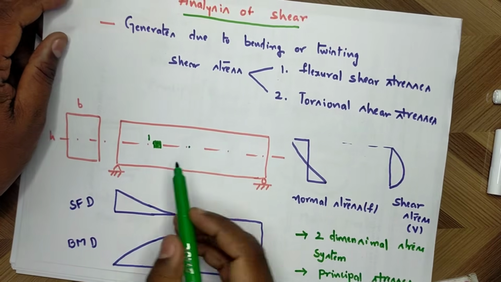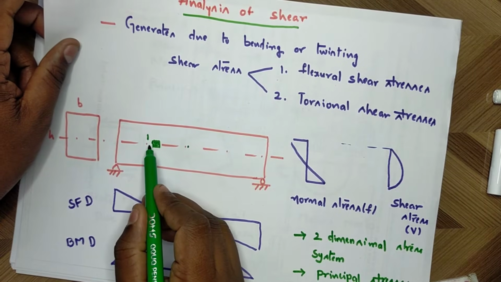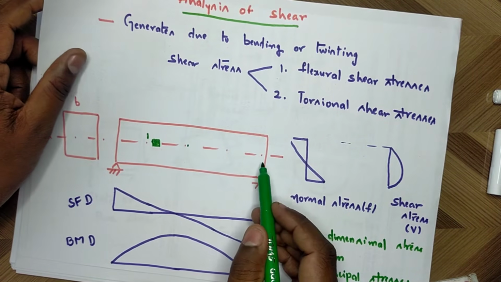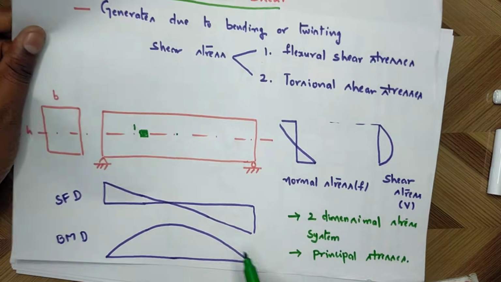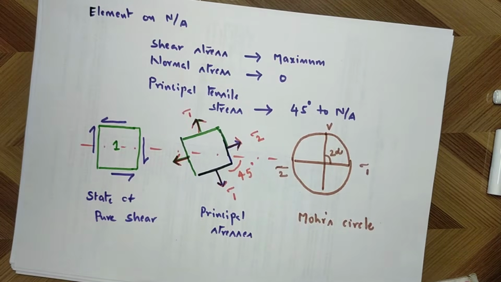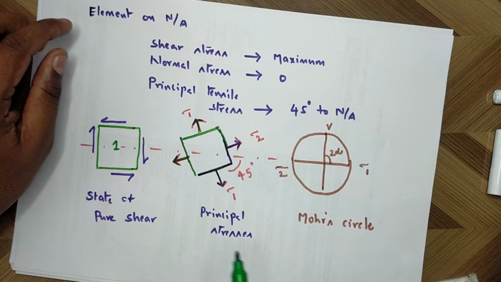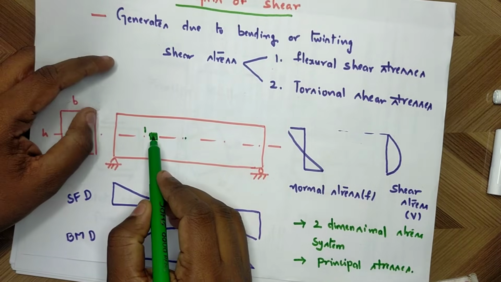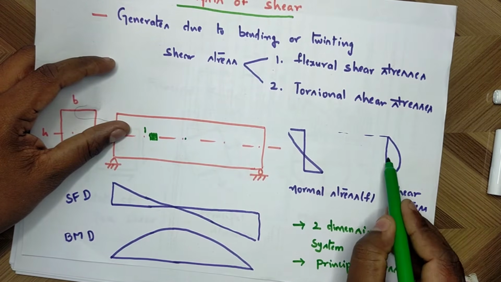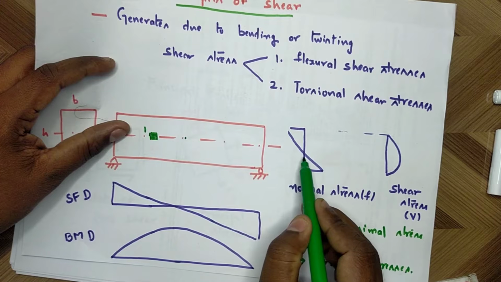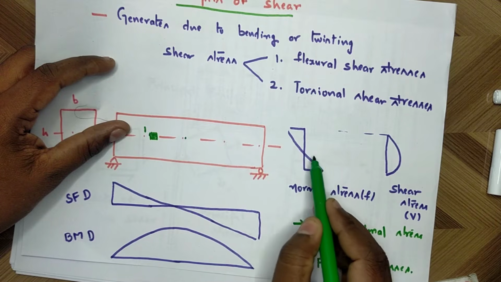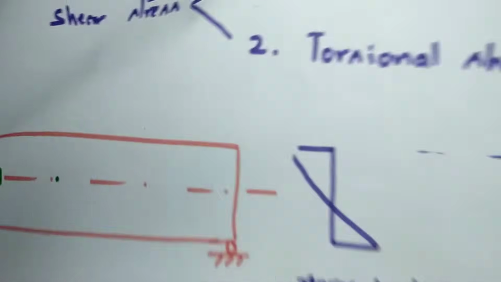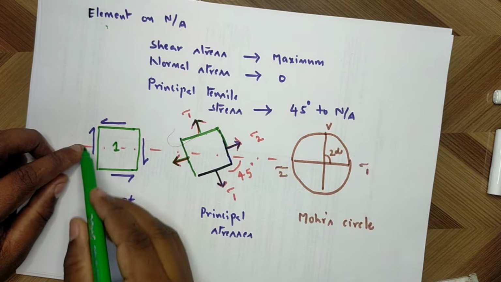If we consider an element 1 on the neutral axis, the stress system will be like this. Here you can see I have taken the element on the neutral axis. On this element, the shear is maximum, but at the neutral axis the normal stress is 0.